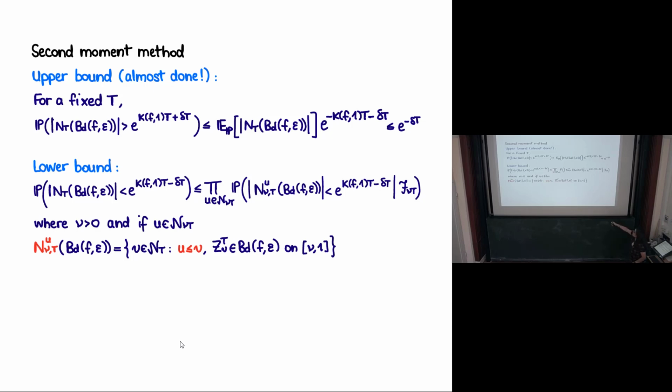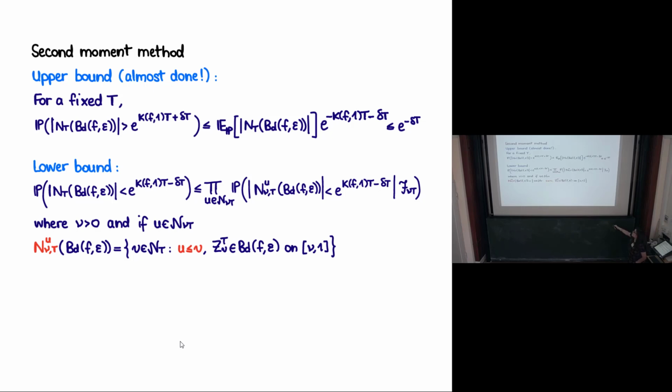So if I look at all the descendants of particles in this early generation, so I'm just saying particles at time big T that are children of one of the particles in this early generation, and I'm looking at how these particles stay near F. Then, if the number of particles at time T is small, this needs to happen for all the descendants of all particles at time nu T. So it will just give the product of the probabilities that the same thing happens for all the descendants of particles alive at this generation.